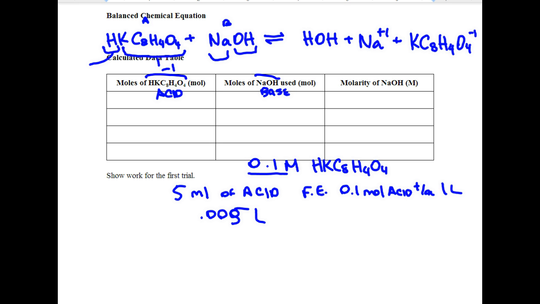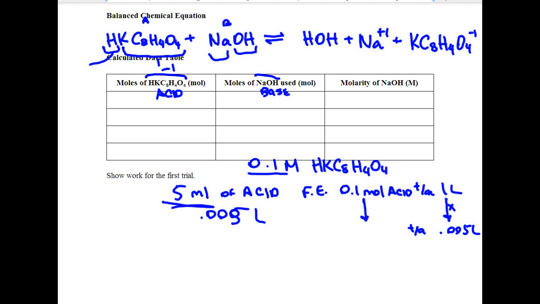However, we find that we didn't use 1 liter. We used 5 milliliters in this fake trial. So it's not 1 liter, it's 0.005 liters. So now we're trying to figure out how many moles of acid are there in 0.005 liters.